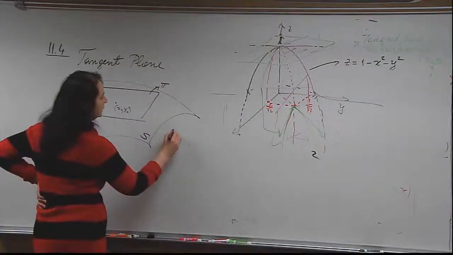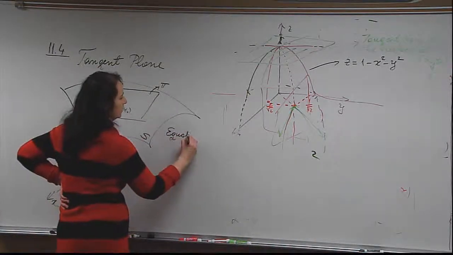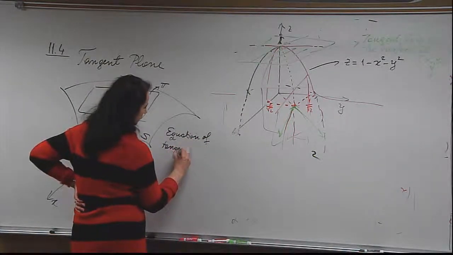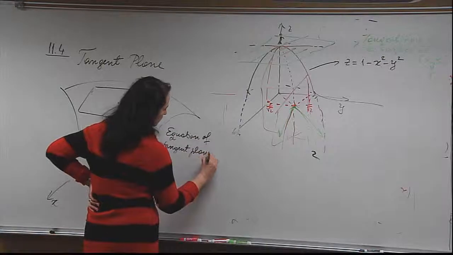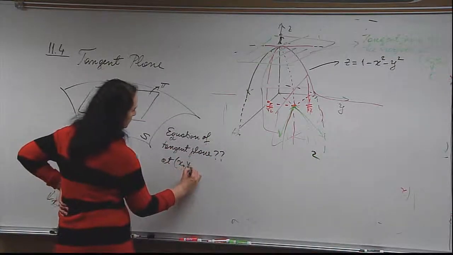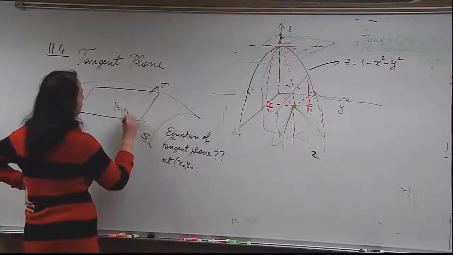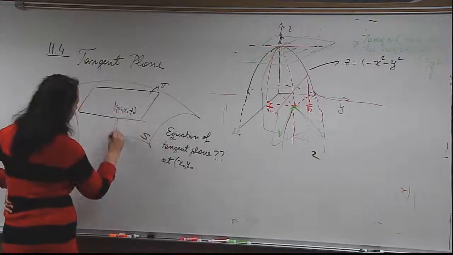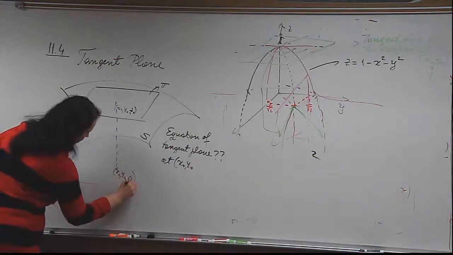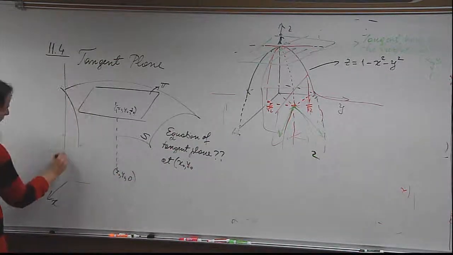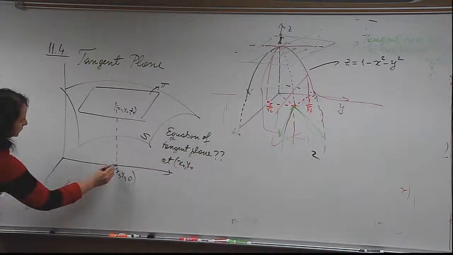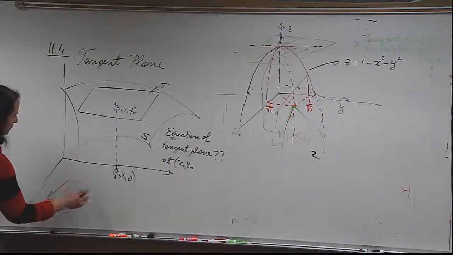How can I find the equation of the tangent plane at x0, y0? Well, it's going to be also z0, but what I mean is that x0, y0 is on the floor as a projection.